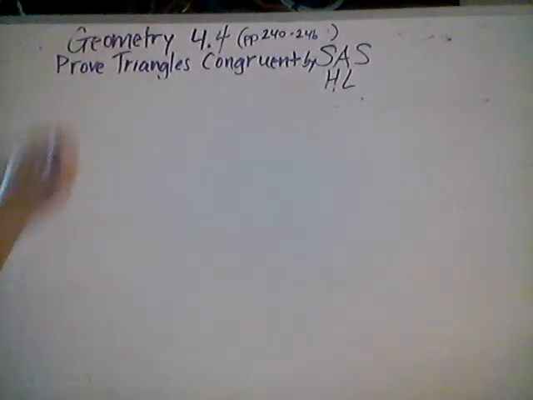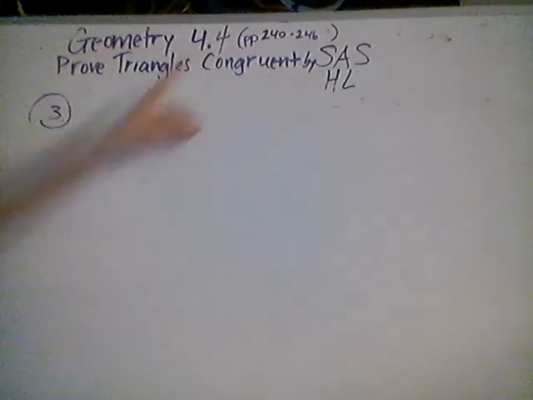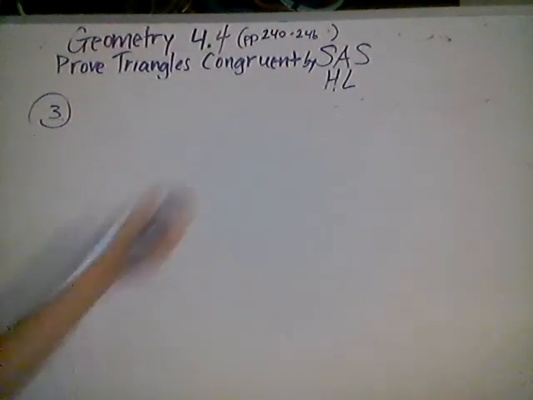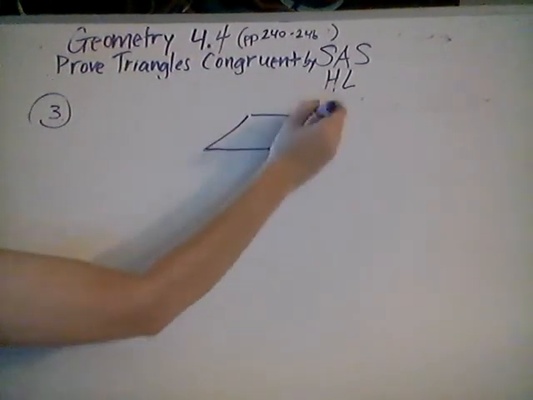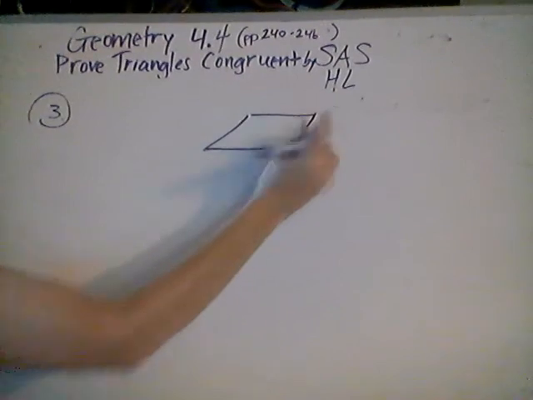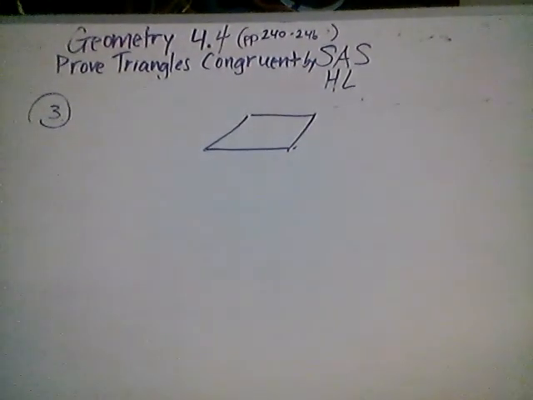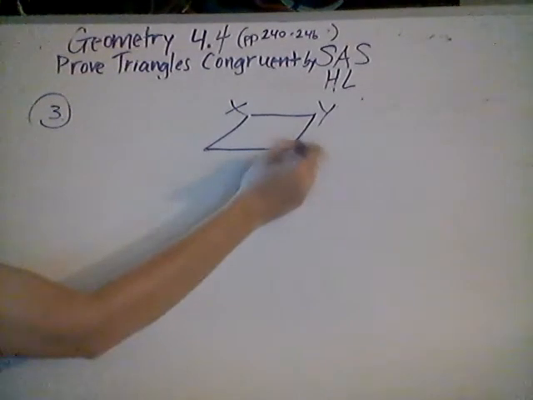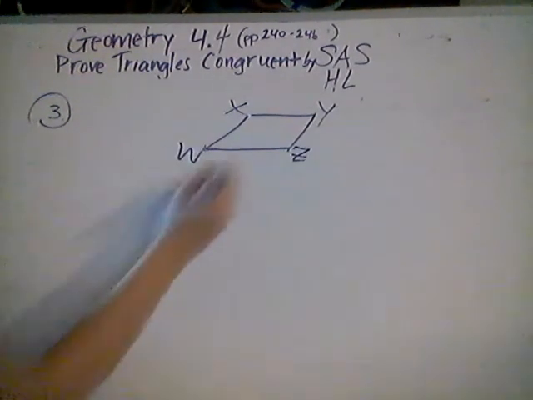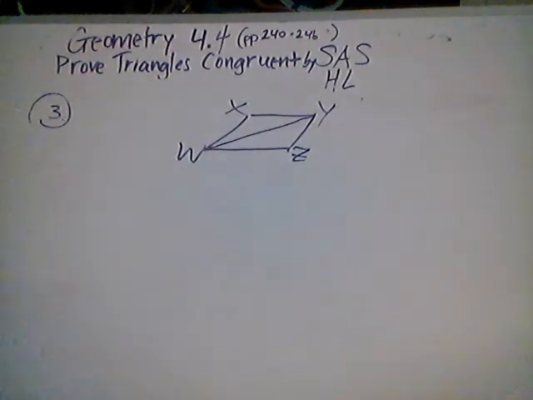Let's look at number 3 on section 4.4. It has a parallelogram labeled X, Y, Z, W. It says use the diagram to name the included angle between the given pair of sides.